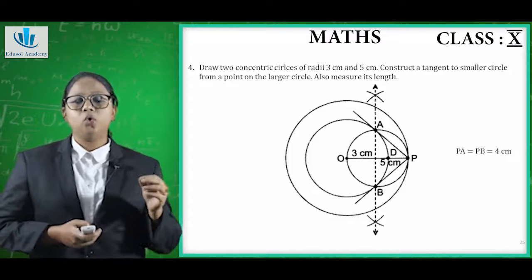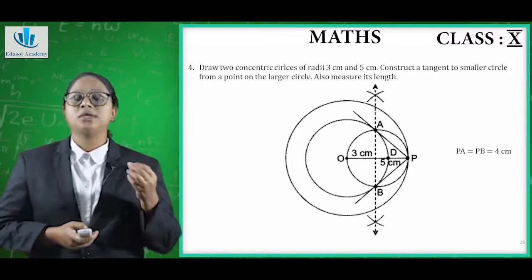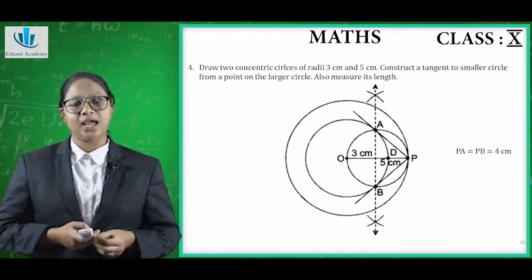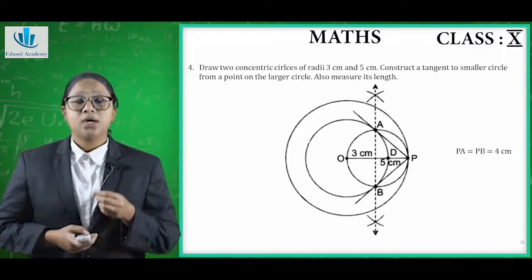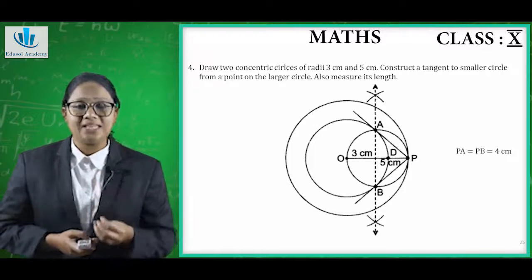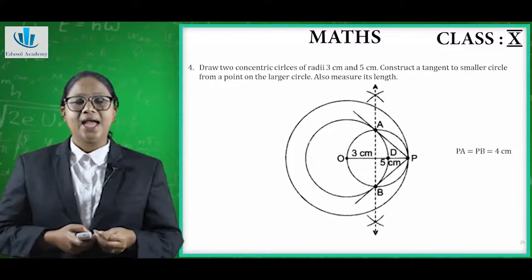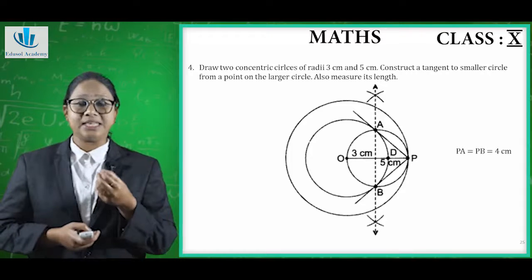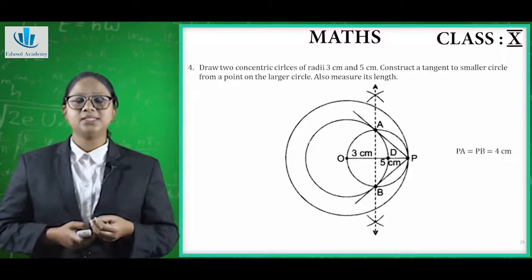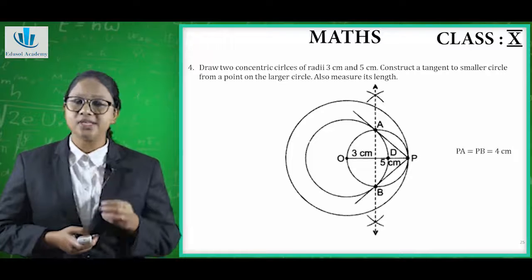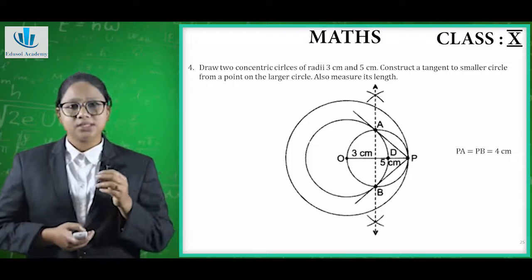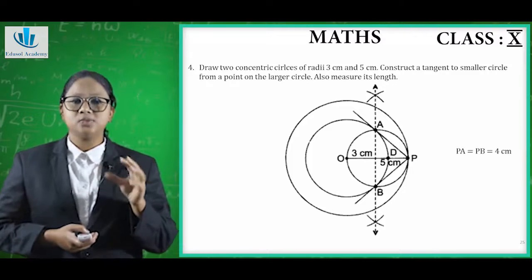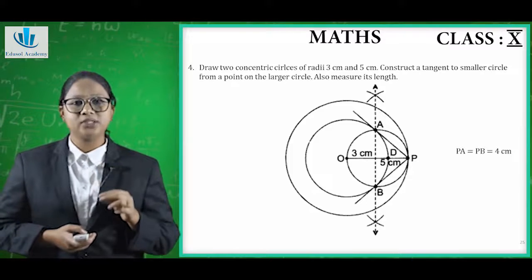Now connect O to any point on the bigger circle and name it as P. So OP will be a line. Now construct a perpendicular bisector to OP, and from the point of bisection as center, draw a new circle. Now the points where the new circle touches the small circle will give you the points of contact.